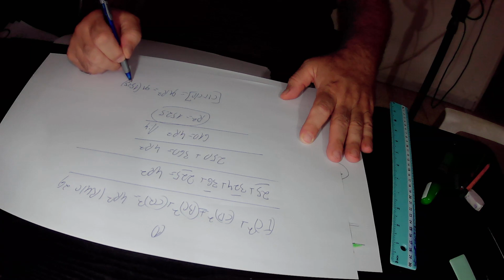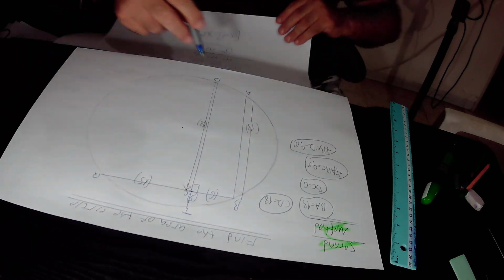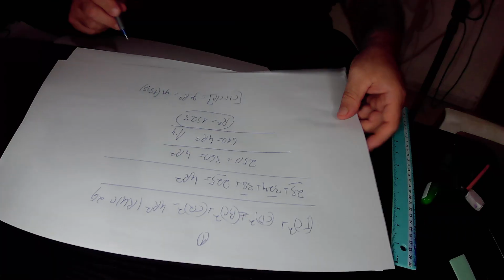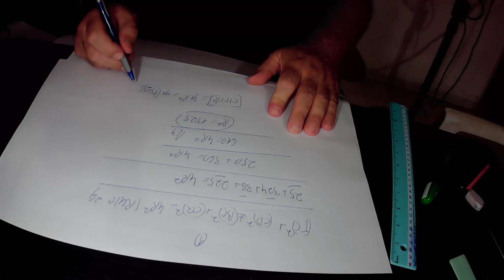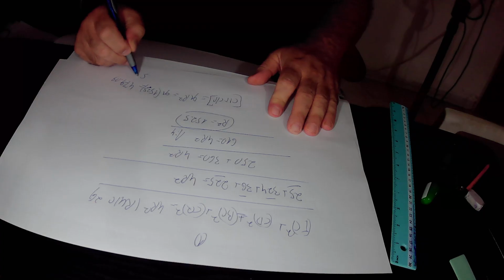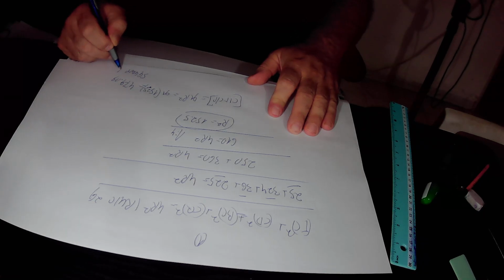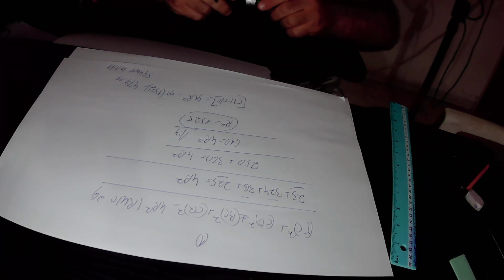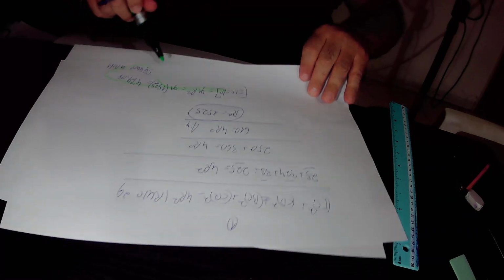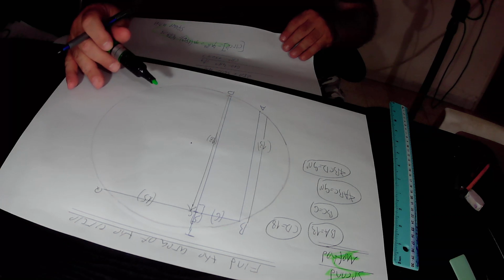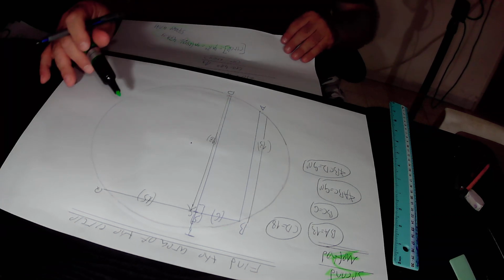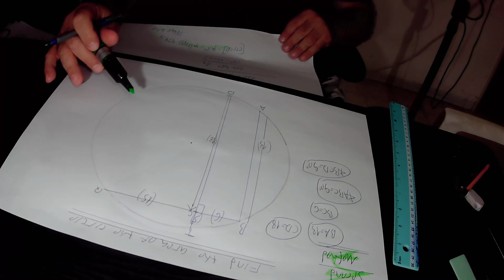In total, we found out that the area of the circle we are looking for in this question is equal to either 152.5 pi square units in its size, or in terms of numbers, 479.09 square units in its size. So in both methods, we arrive at the same results. We found that the area of this circle is equal to either 152.5 pi square units, or in terms of numbers, 479.09 square units.